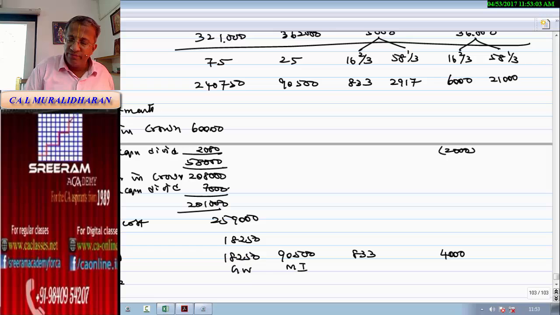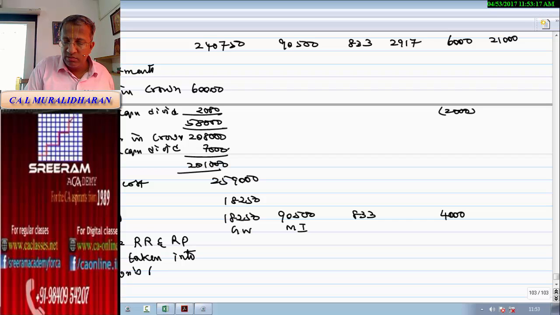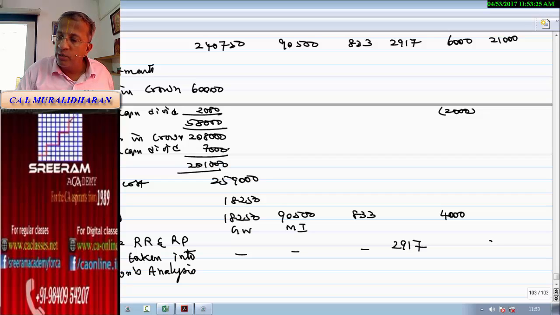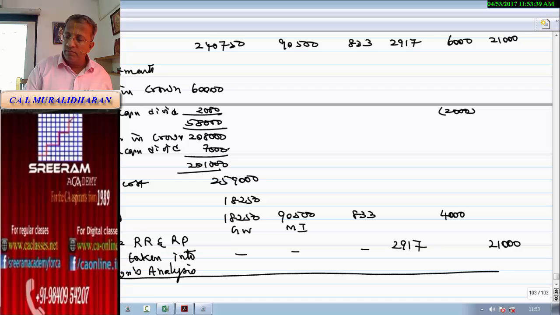Share of revenue reserve and revenue profit to be taken into Brown's analysis: how much is that? 2,917 and 21,000. Share of revenue reserve and revenue profit to be taken into Brown's analysis. Correct?